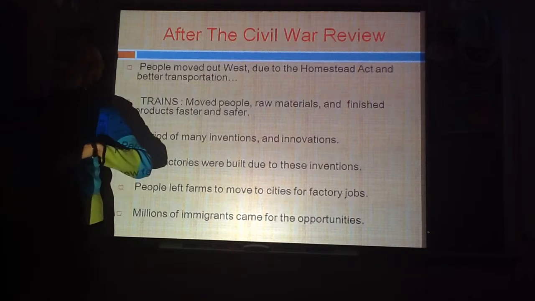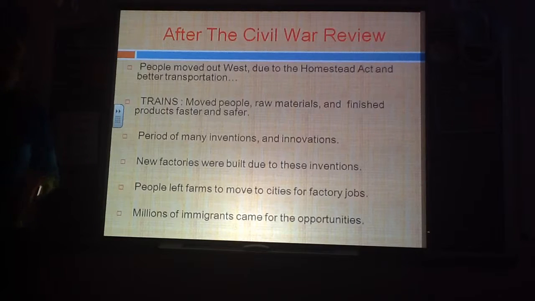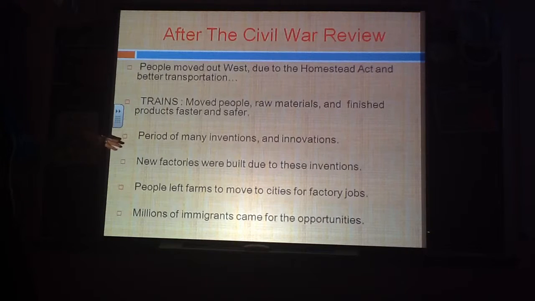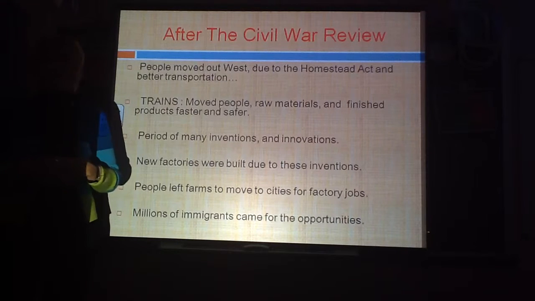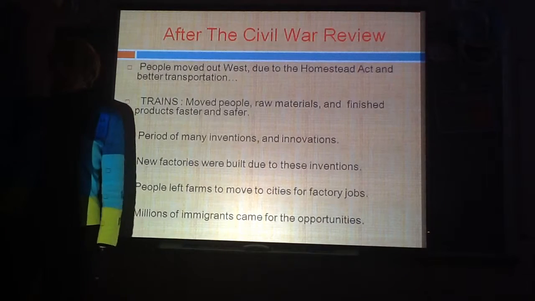So, this is a very fast, quick unit, and we're looking at a lot of things through here. What happened after the Civil War? People moved out west due to the Homestead Act, better transportation, the trains moved people, raw materials, moved ideas. It's a period of tons of inventions and innovations and new ways to do things. New factories were built. People left the farms, began to move to the cities for the factory jobs.